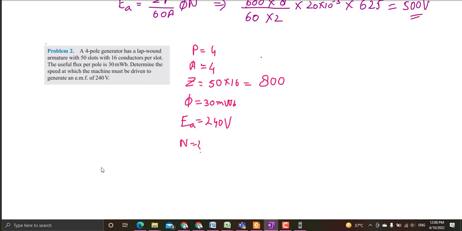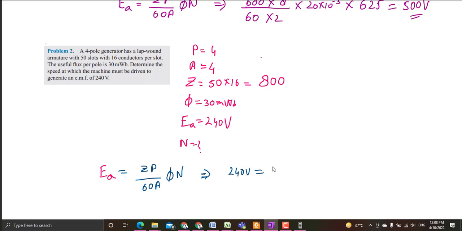So we know Ea can be written as Z, number of conductors, into P, poles, divided by 60 into A into phi into N. So let us write like this: Ea is 240 volt.